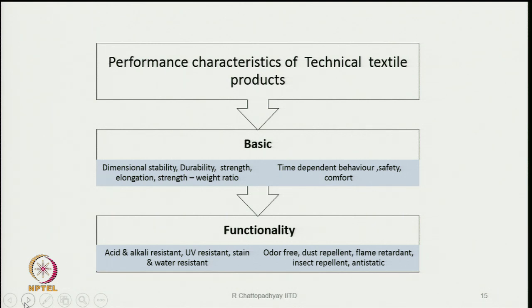Now, just as an example, let us take technical textile products. Technical textile is a very vast field. There are so many types of technical textiles. We all know that they can be classified into different types, like geotextiles or medical textiles.